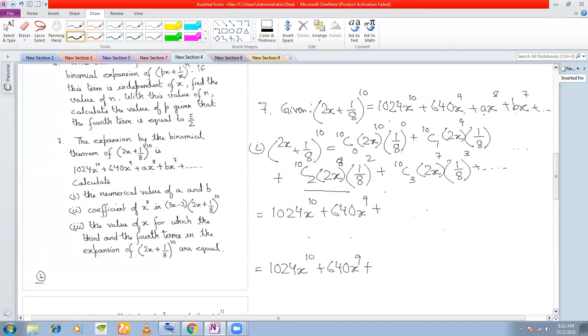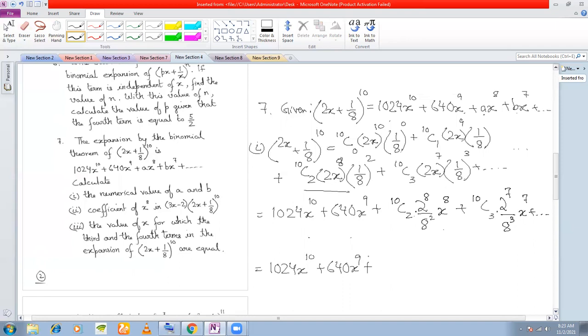So you have 10c2 into 2 to the power of 8 by 8 square, x to the power of 8, plus 10c3 into 2 to the power of 7 by 8 cube into x to the power of 7 plus and so on. Okay.